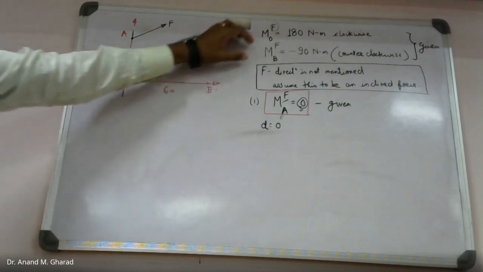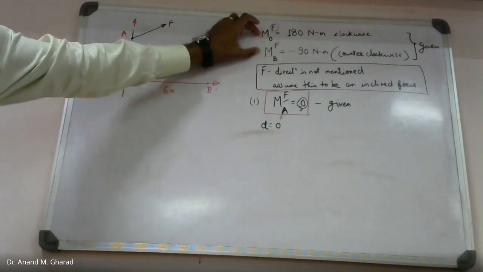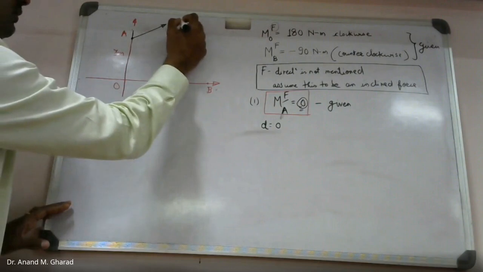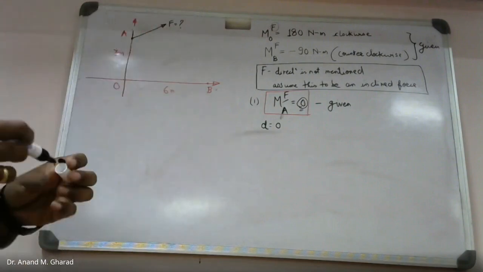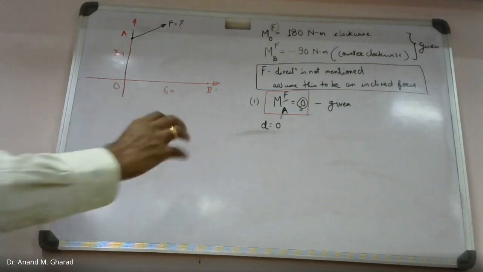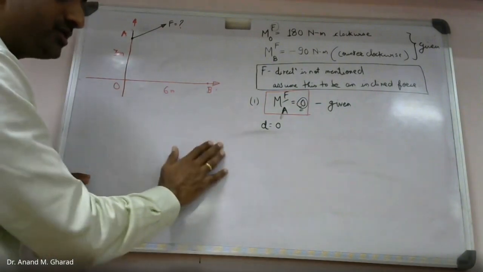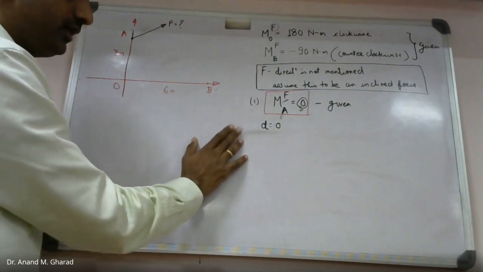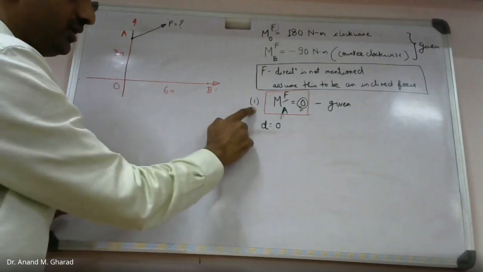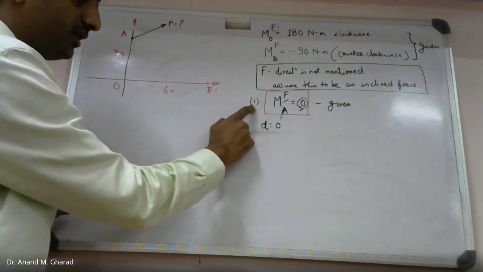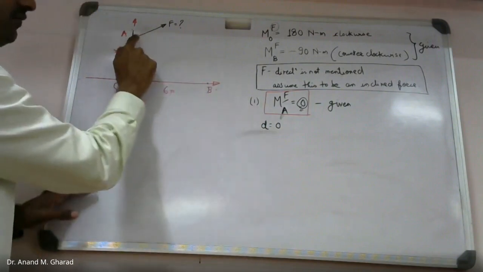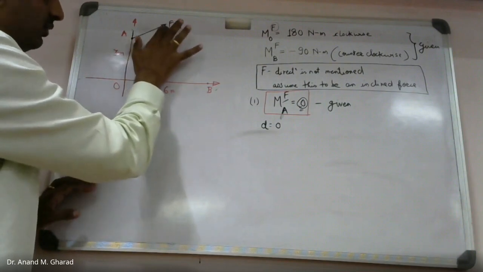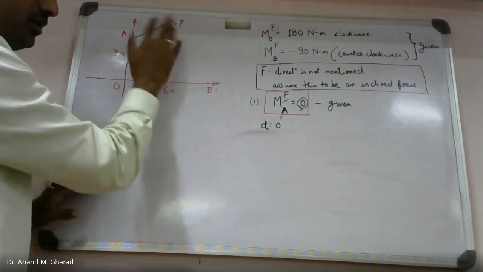Now for the next conditions, whatever are given, let us make use of them, and with the help of all these three conditions, let us find out the value of capital F. Did you get my point? Are you able to understand it? Please let me know. Based on this condition, we have identified the preliminary location of force F. Right now I don't know the direction, whether it is inclined, horizontal, or vertical.